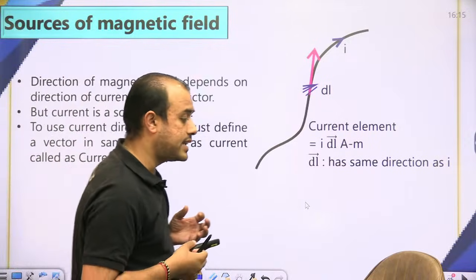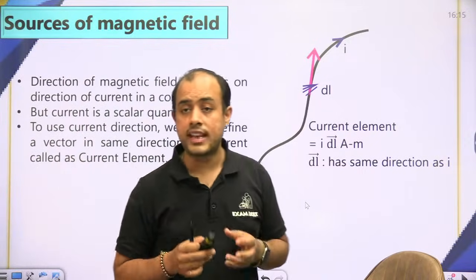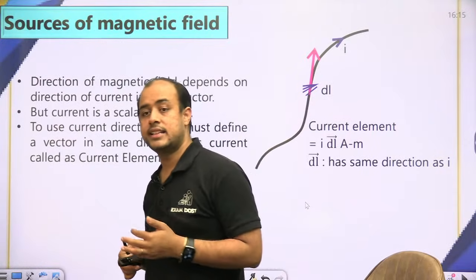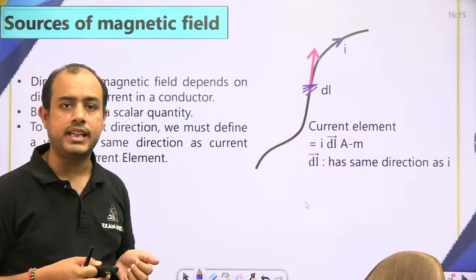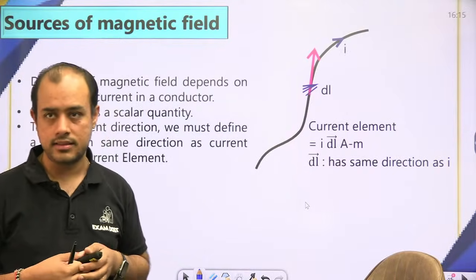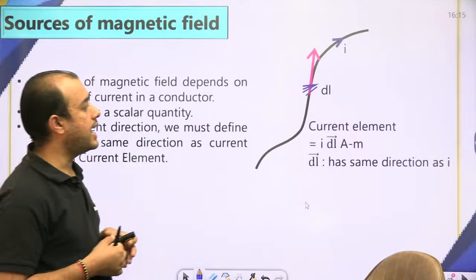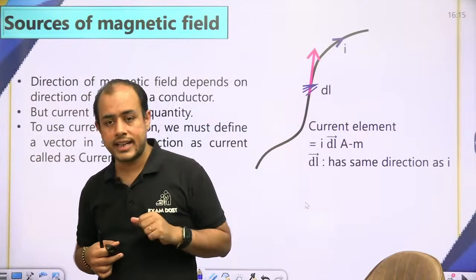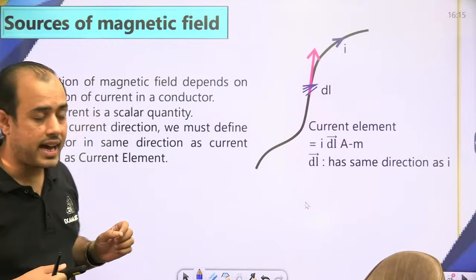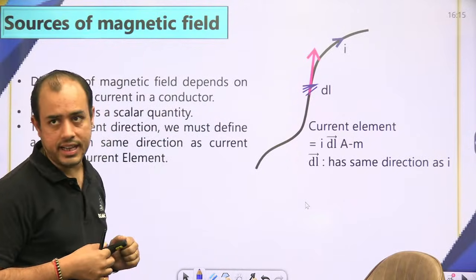And beta, the direction of current is very important in deciding the direction of magnetic field. But current is a tensor quantity. We cannot treat it as a vector, right? So we take an element dl. dl is the small length on the current carrying wire whose direction is same as the current direction.